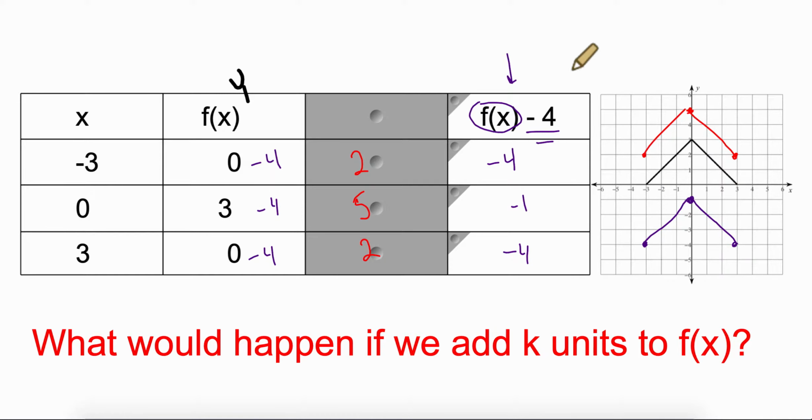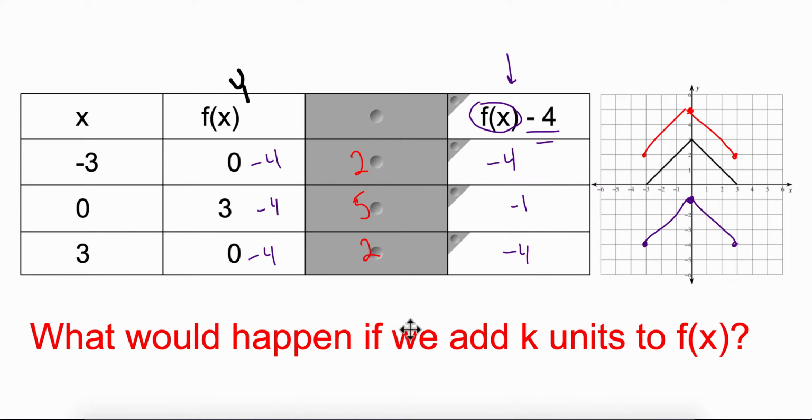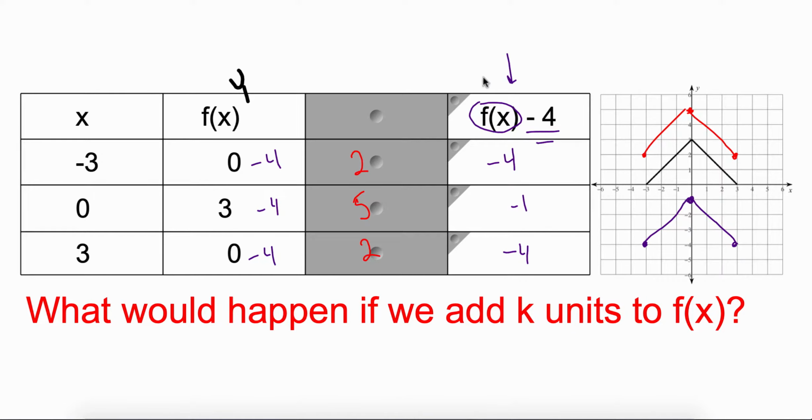So what do you think would happen if I was going to add k units to a function? If I add k units, when I added units on this one, it did what? It did just like we thought. It went up.